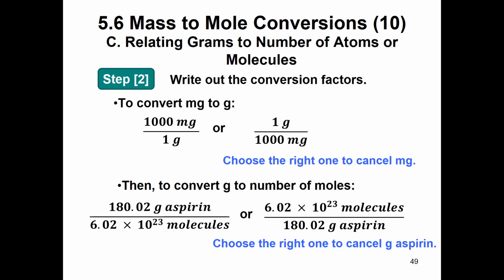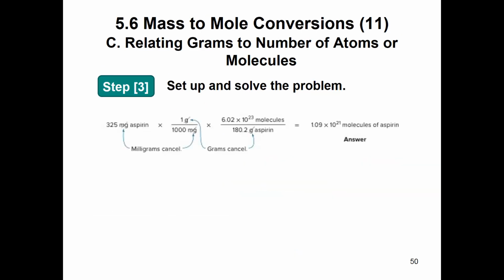Now, it gave me milligrams, so the first thing I'm probably going to want to do is convert those milligrams to grams. And I know that there are 1,000 milligrams in 1 gram. And I'm going to do that so that it will cancel, and then I'm going to get grams, and then I'm going to convert grams to moles and make sure that my grams will cancel and leave me with moles, and then finally I'm going to want molecules.